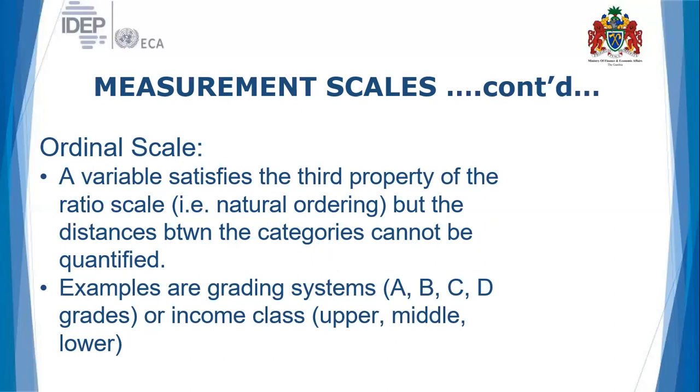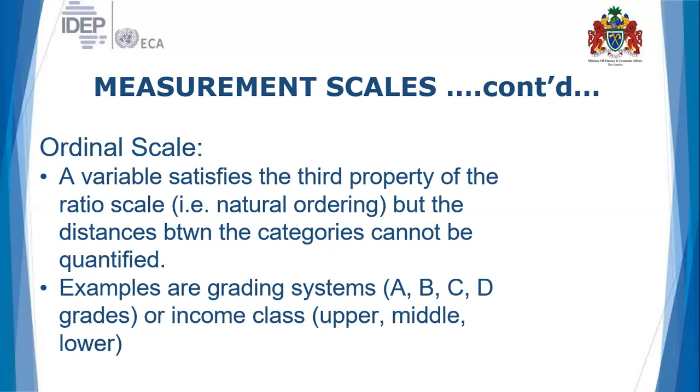If you have grades for, say, maize or wheat, you have grade A, grade B, grade C, etc. These grades show natural ordering, but we cannot show the distance between them or compute the ratios of the grades.